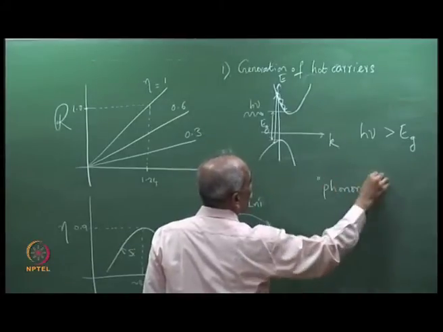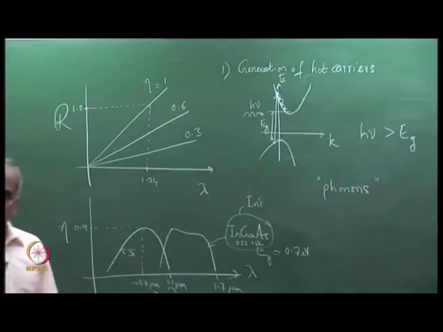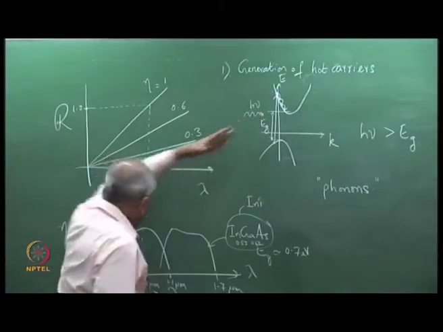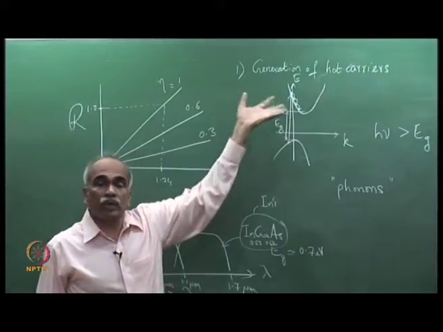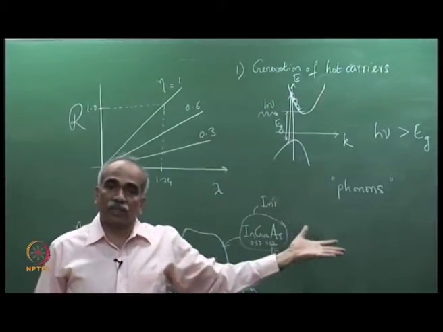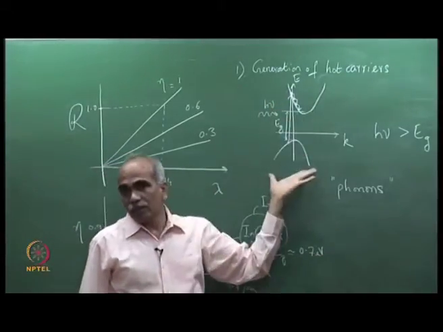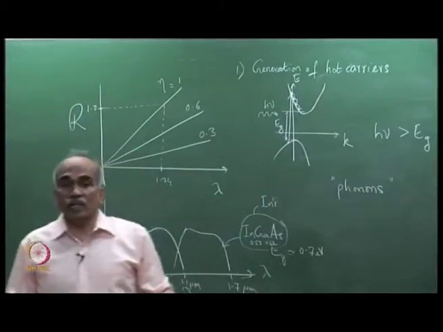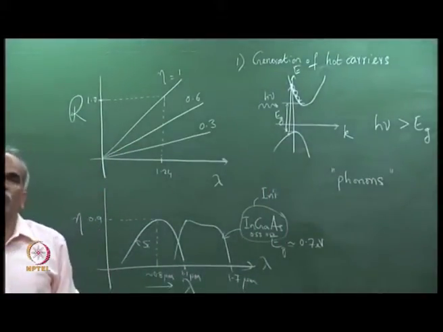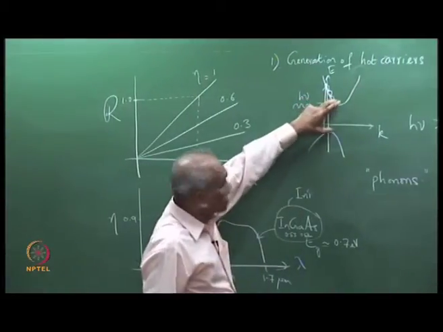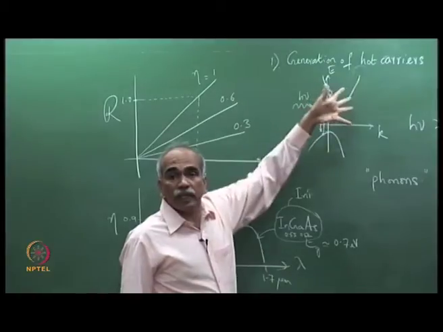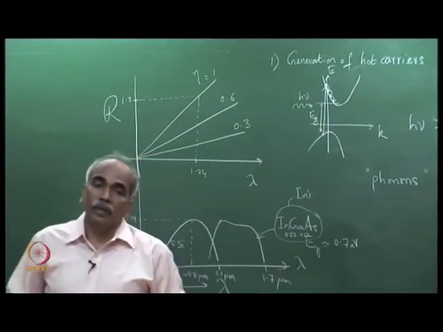Therefore, generation of hot carriers leads to a large quantity of phonons in the lattice, and phonons present in the medium will facilitate very quick non-radiative recombinations. In other words, the generated carriers will recombine very quickly by non-radiative recombinations.